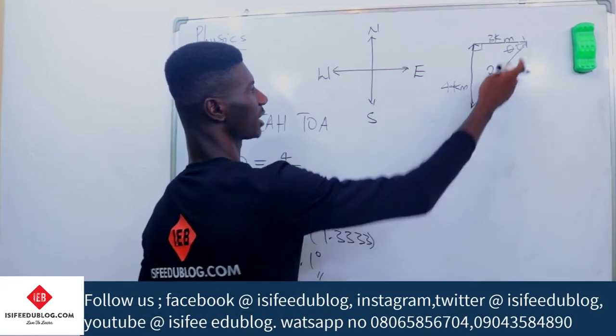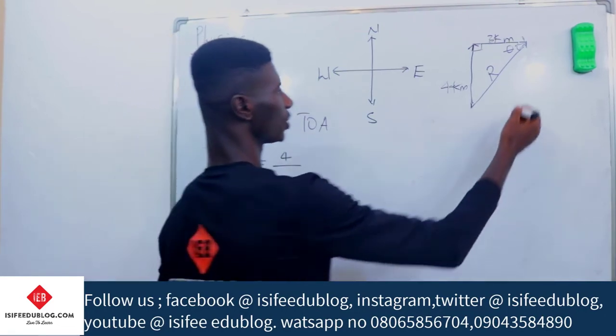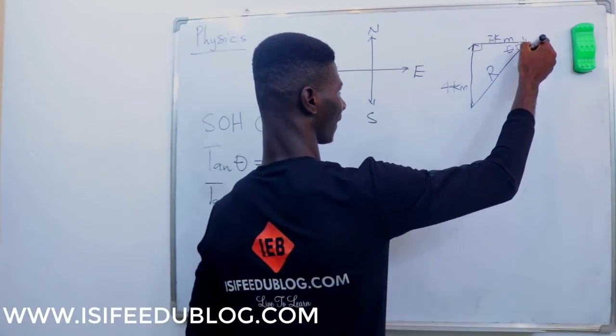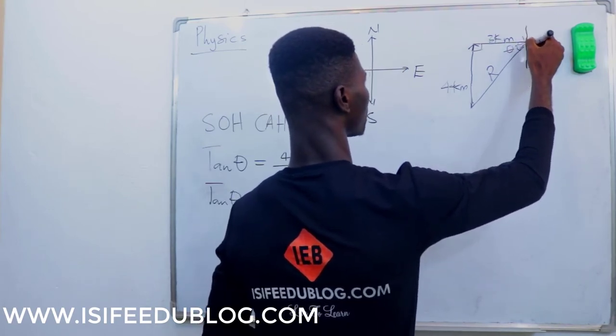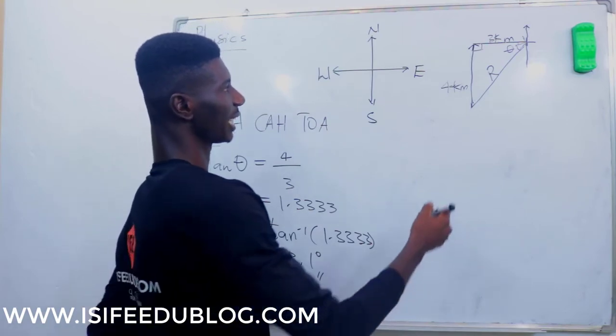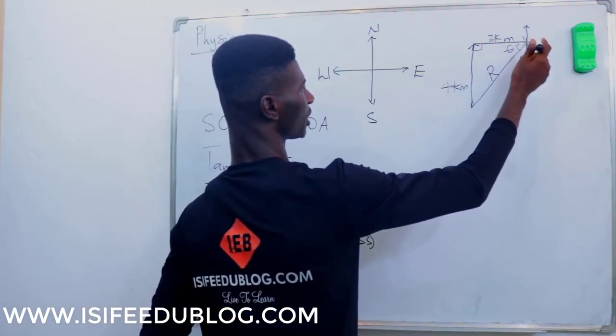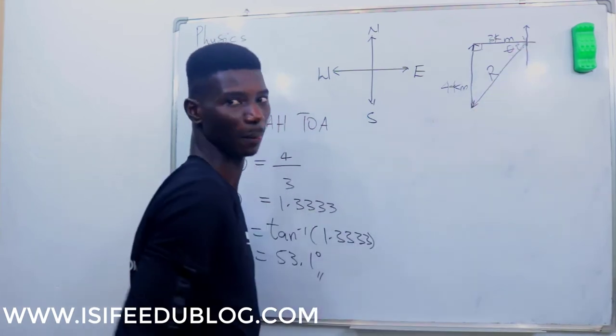This is actually a displacement, the point from here to this point. Now, this is where the journey ended. So if we draw a cardinal point here, this is where the journey ended. So the direction is coming from this point to this point, from here to this point.